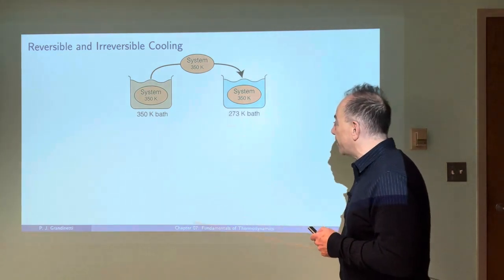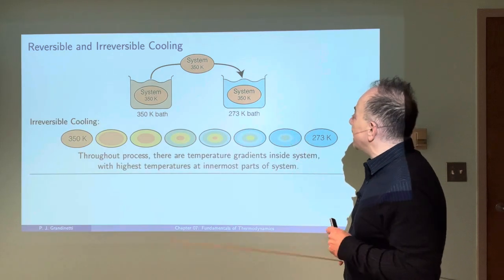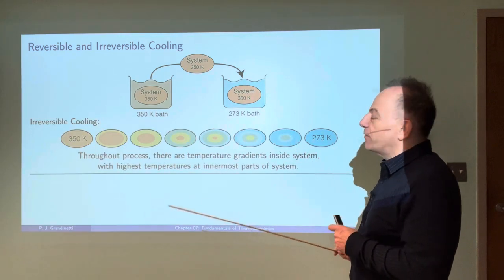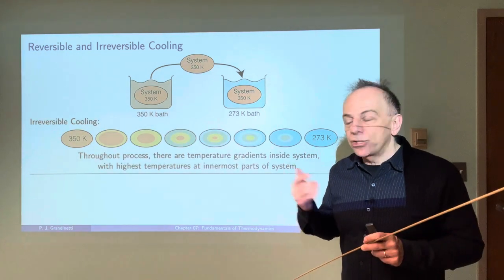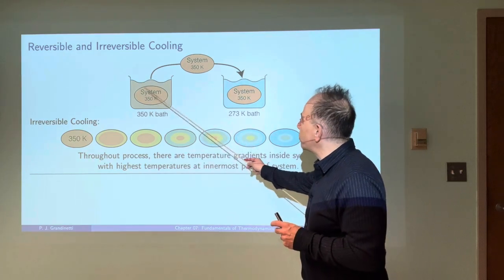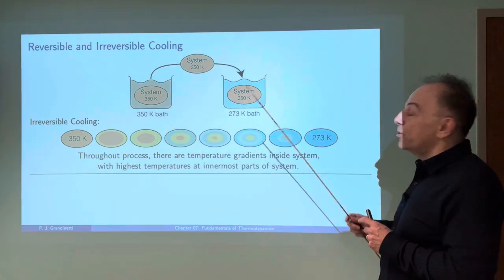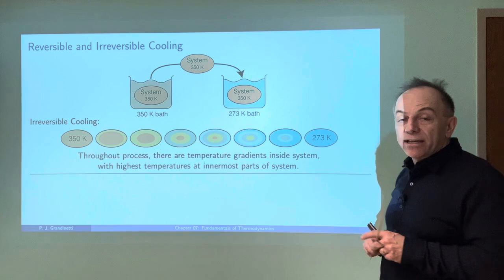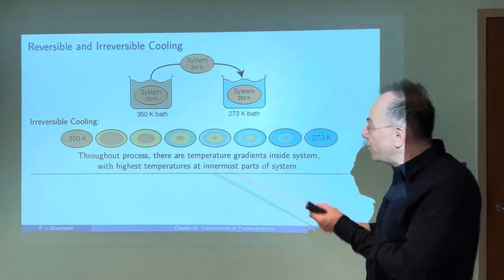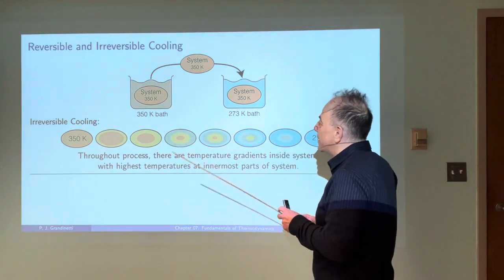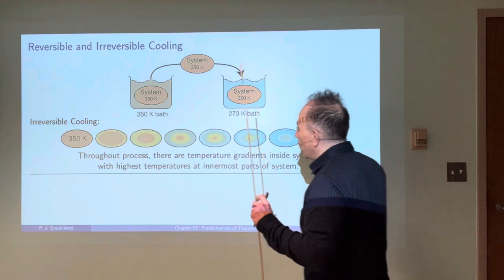What does it look like in terms of the distribution of temperature as it transforms from the initial state, 350, to the new equilibrium state where it's going to be at 273? Well, if you think about this, it probably doesn't take much to imagine what's going on here.